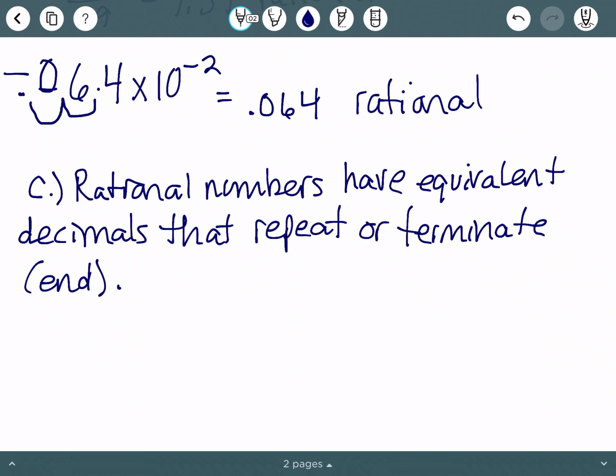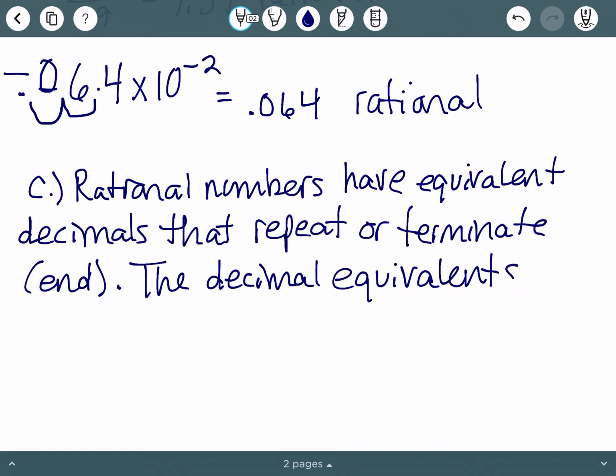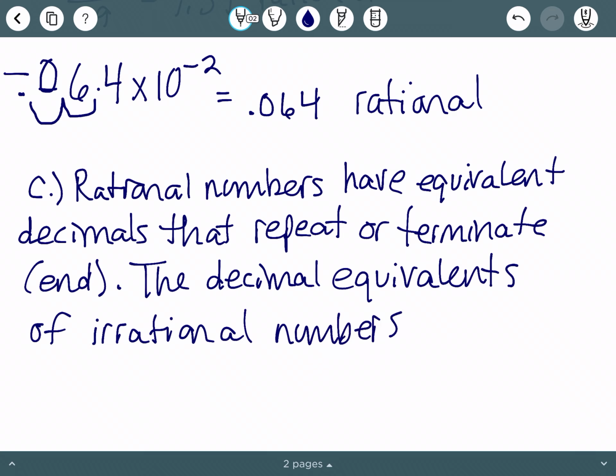And the decimal equivalents of irrational numbers do not repeat or terminate.